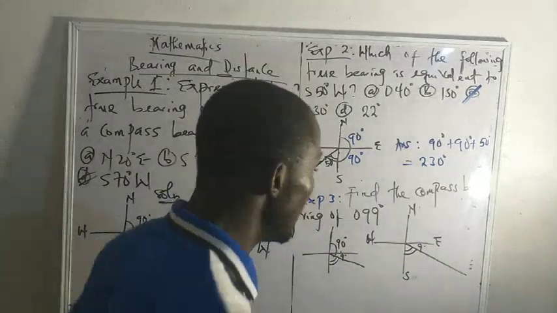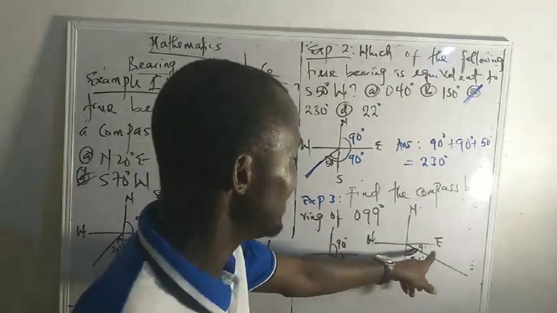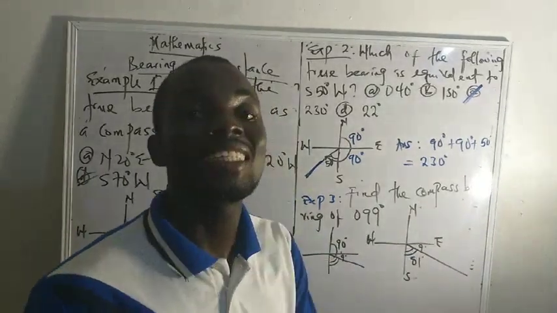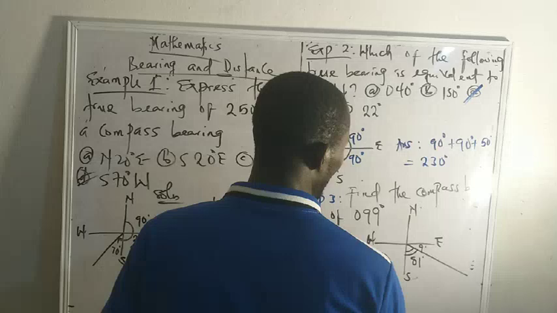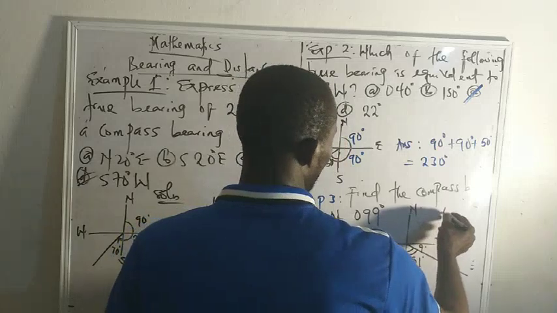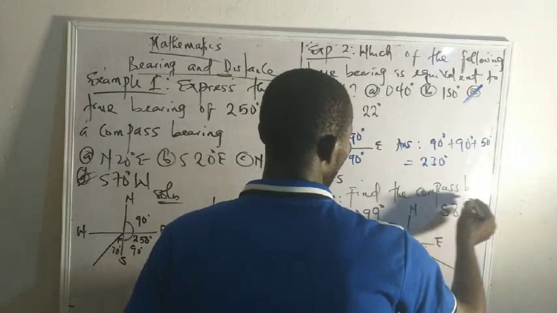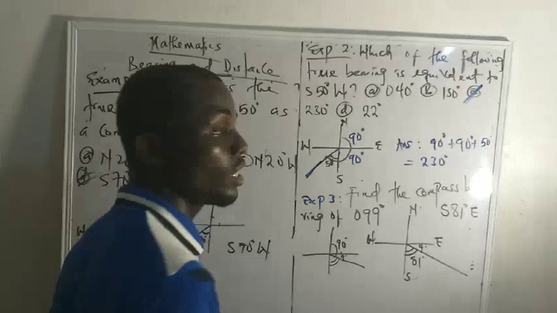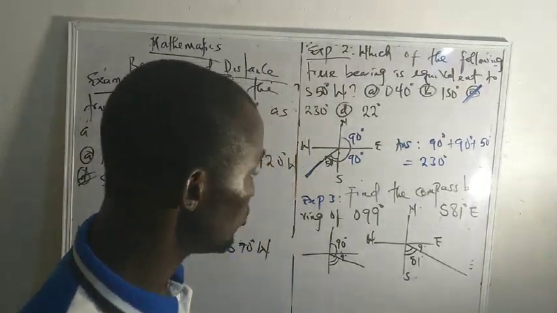It's obvious that I will add 81 to 9 degree to give us 99 degree. So in compass bearing, this is going to be 81 degree southeast. 81 degree southeast is what you are going to have.